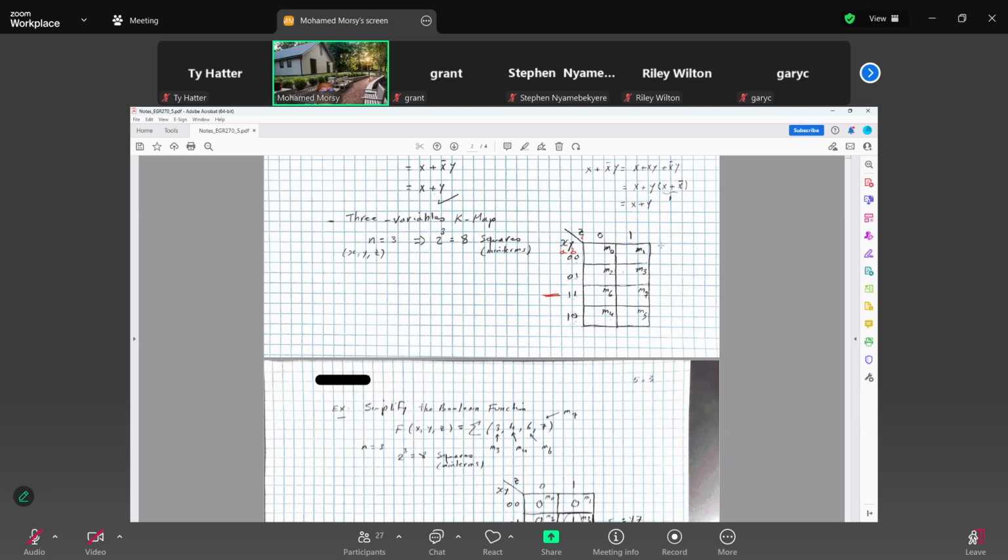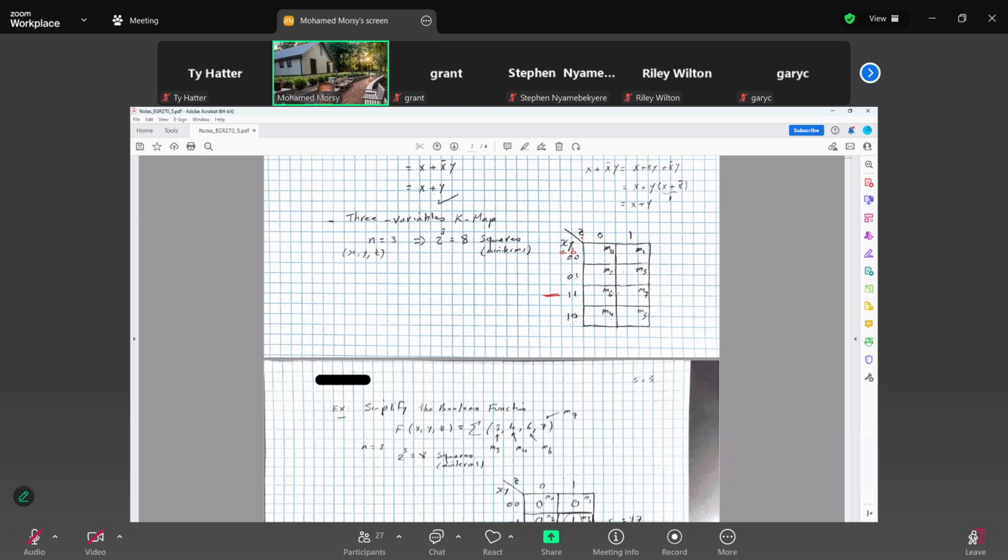First of all, we agree this is the standard Karnaugh map for 3 variables. This is the standard one, and I try to explain how it is done like this. I know some people use a different way.